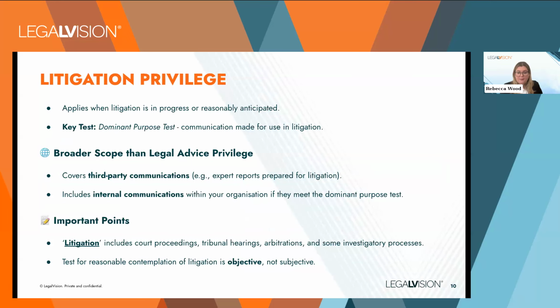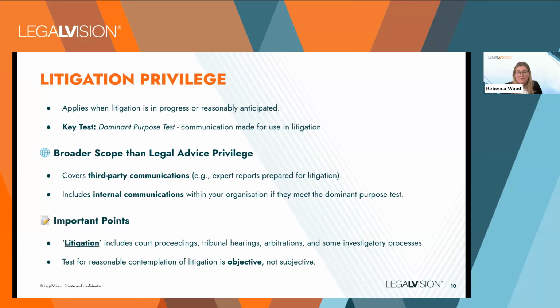Litigation privilege applies when litigation is in progress or reasonably in prospect. The key test here is that the dominant purpose for the communication must be for the purpose of use or preparing for that litigation. Litigation privilege is much broader than legal advice privilege in two particularly important ways. Firstly, it can cover communications with third parties.